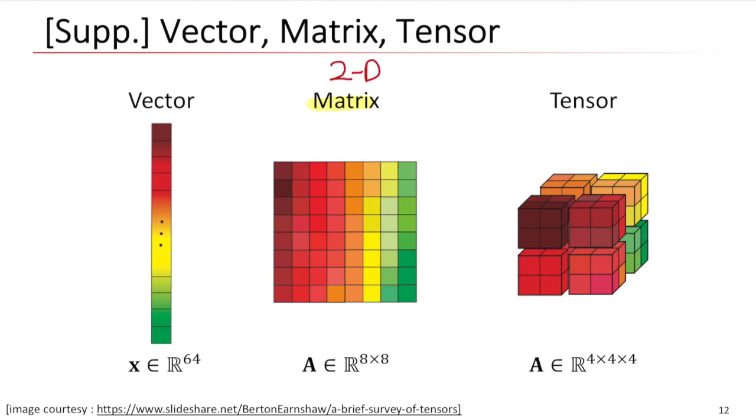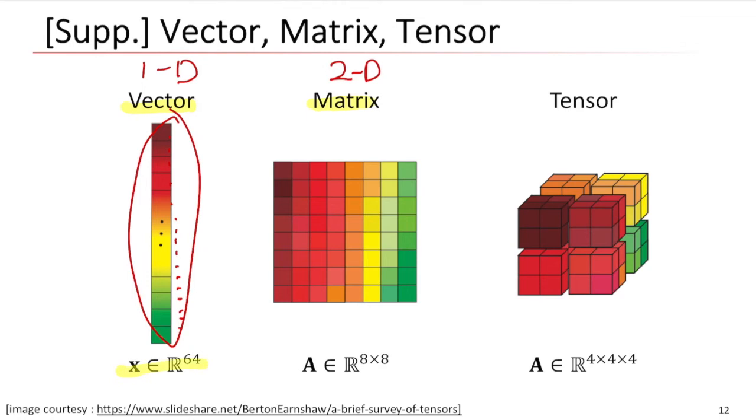2D array of numbers. What about a one-dimensional array of numbers? It is called a vector. So in this case, like this. As you can see here, the vector consists of some values with a one-dimensional shape.